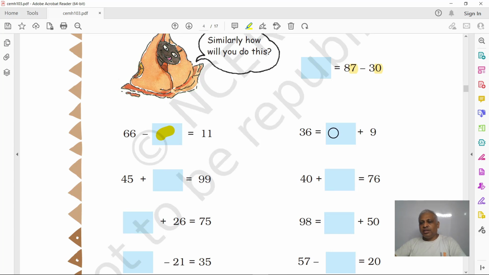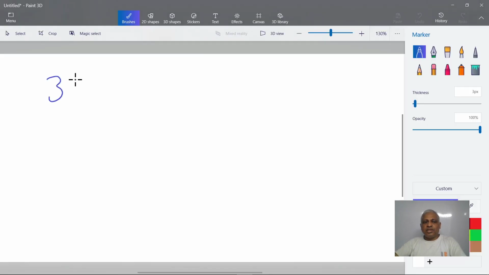In this case, 36 equals x plus 9. How will we do this? I told you we can move the digits from one side to the other side.